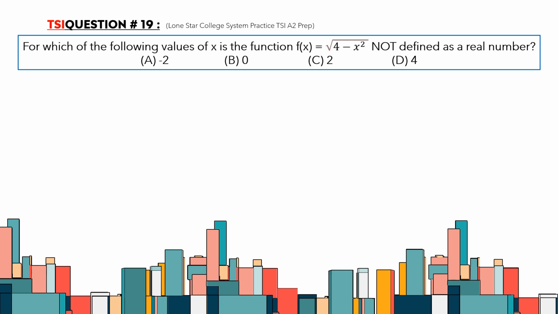For which of the following values of x is the function f of x equals the square root of 4 minus x squared not defined as a real number? We know that to be defined as a real number, the expression under the square root, a, has to be greater than or equal to 0, or a is non-negative.